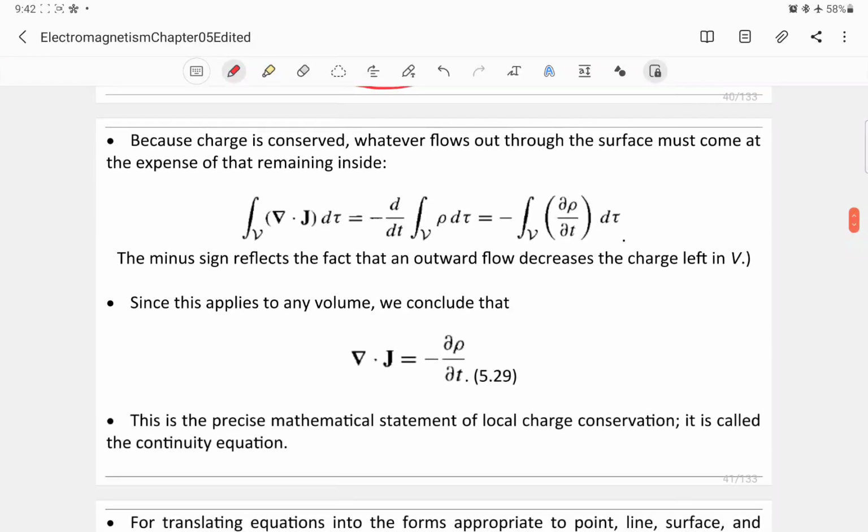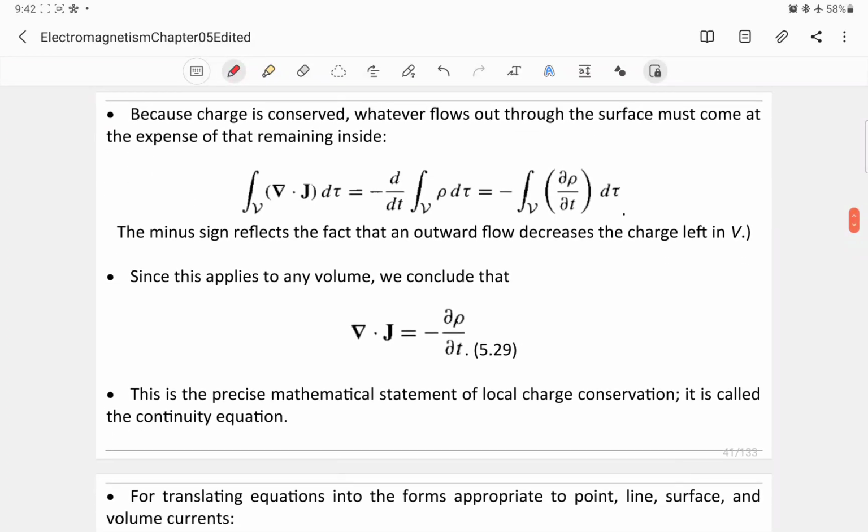Because charge is conserved, whatever flows through the surface must come at the expense of that remaining inside. This means that if you're putting charge on one side of a tube, what comes out on the other side is the same amount. They may not have the same speed, but the amount is the same.